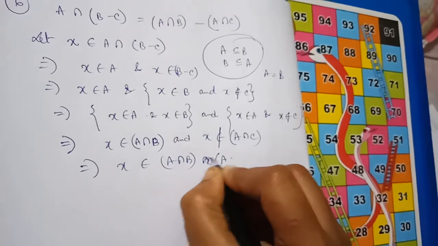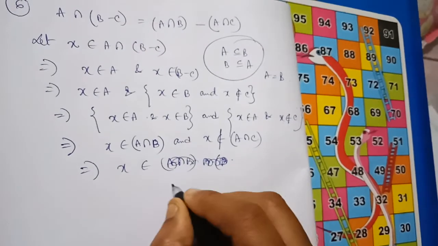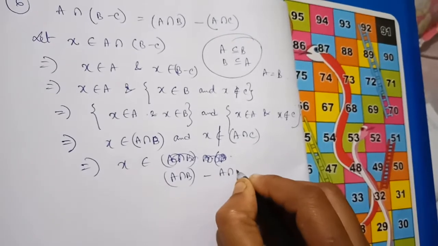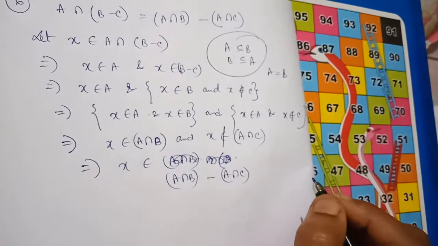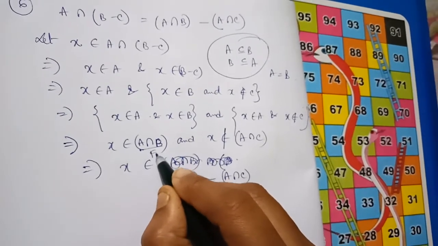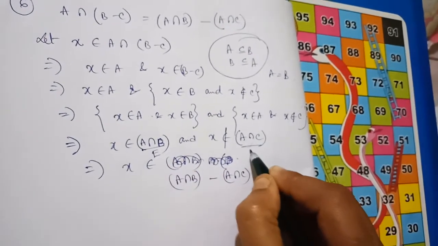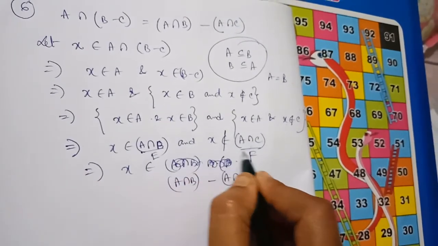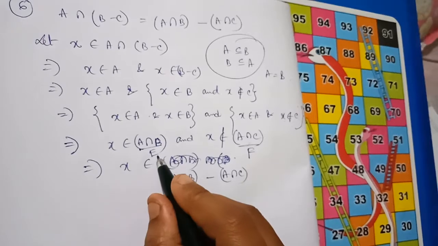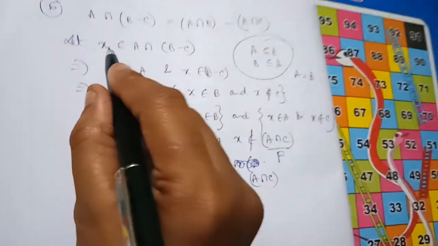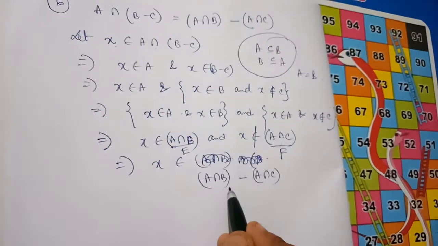I just wrote it wrong. Suppose this one is set E and this is set F. Then x belongs to E and x doesn't belong to F means x belongs to E minus F.